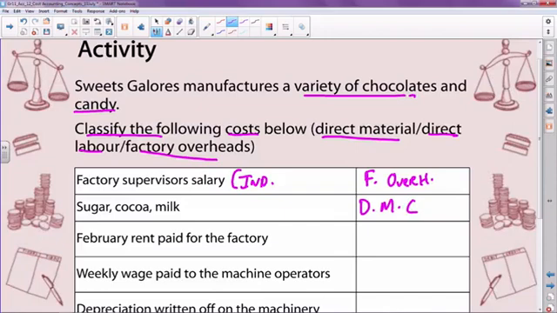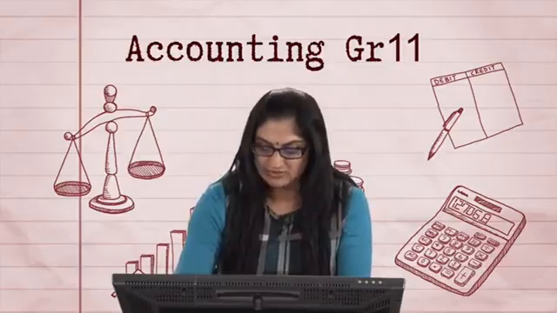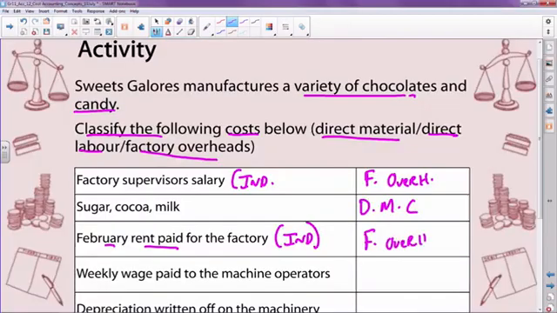Right, third item, the February's rent paid for the factory. So the rent that is paid is also classified as an indirect expense. So anything related to the factory but not directly related to the manufacturing of the item is correct, factory overheads.